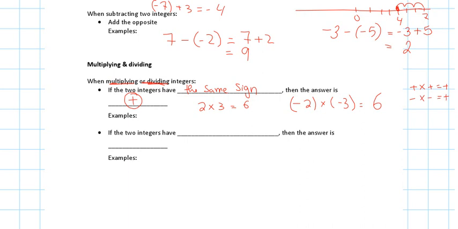That goes also with division. Same thing. If I have a positive divided by a positive, I'm going to have a positive, and a negative divided by a negative, it's going to be a positive.